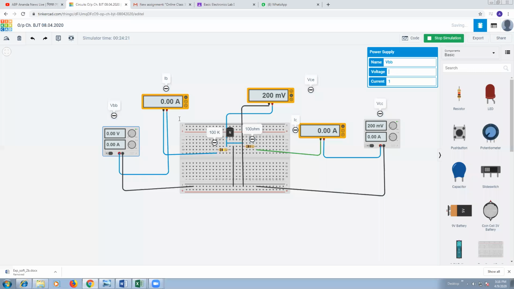So I'm keeping 2 volt, and it comes to 13.6. Then suppose 2.5, and I see here 19.6.